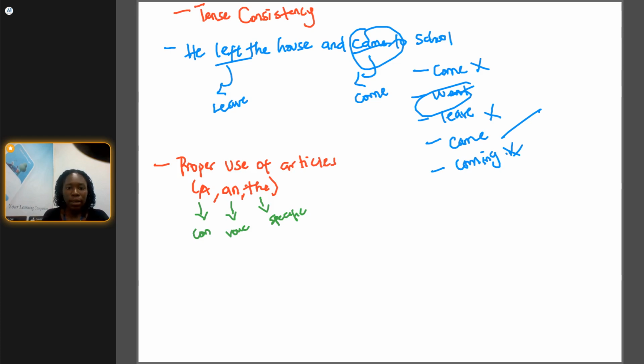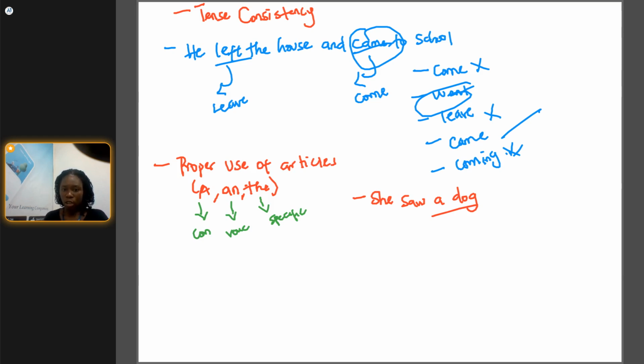All right. So we can have examples like: she saw a dog. So you have the article a, and it's coming before this countable noun, because if dog is a countable noun, you can definitely count dog.